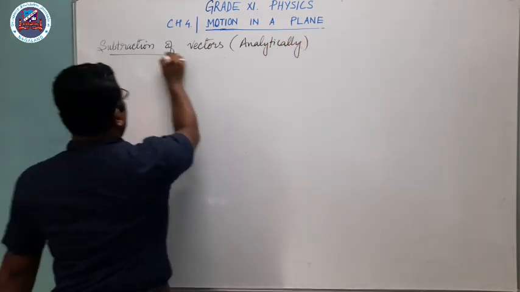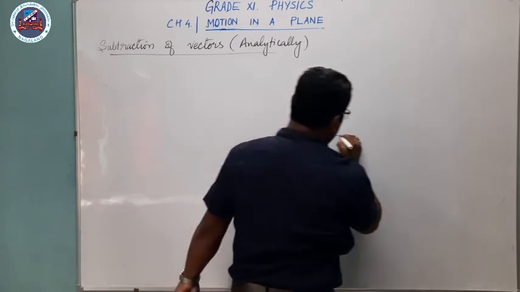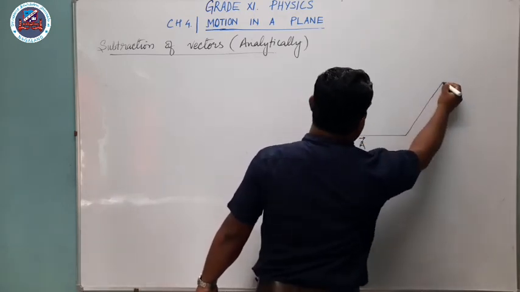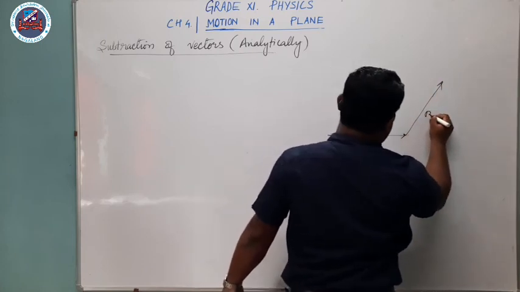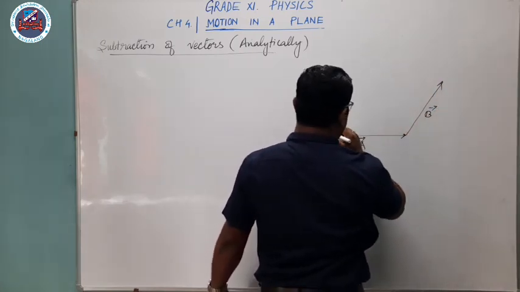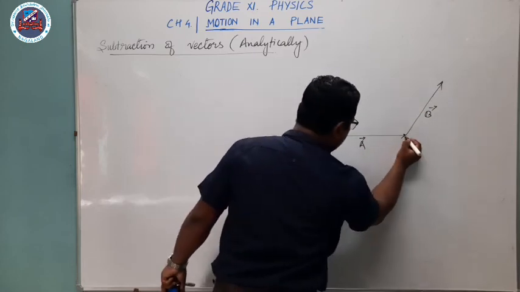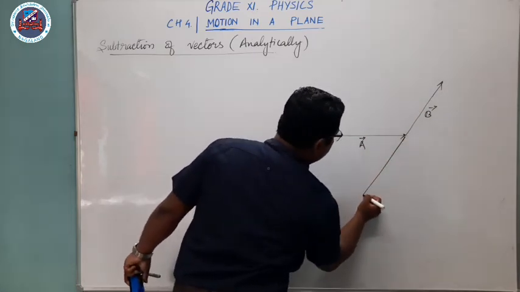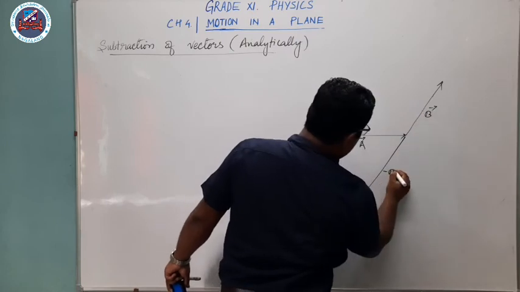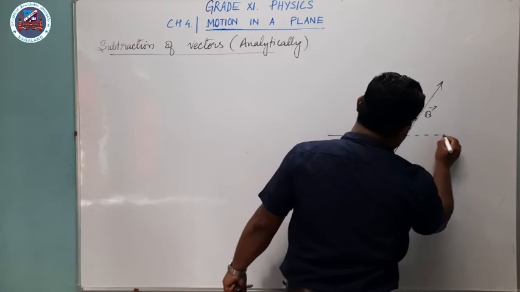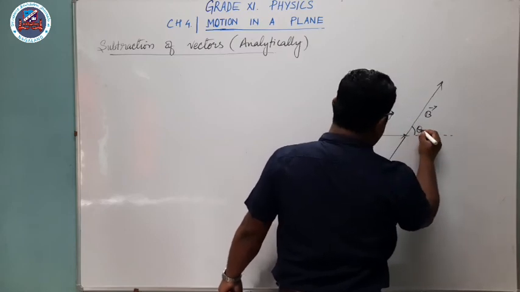When we do subtraction of vectors, suppose this is vector A and this is vector B. For the resultant, we used to draw here to get A plus B. But to subtract, you have to extend vector B in the opposite direction, then you get vector minus B. The angle between the vectors here we take as theta.